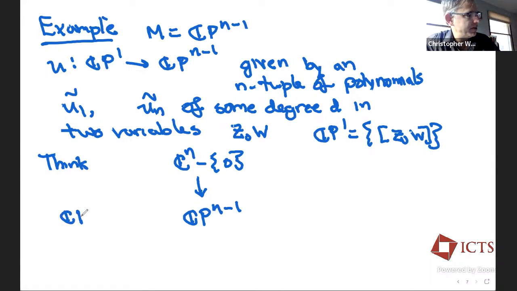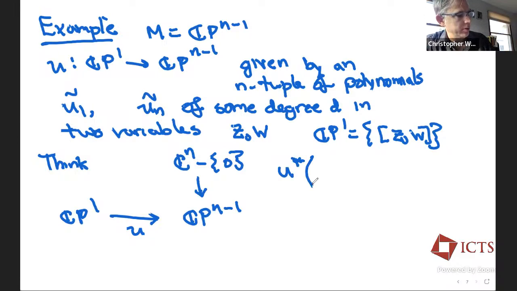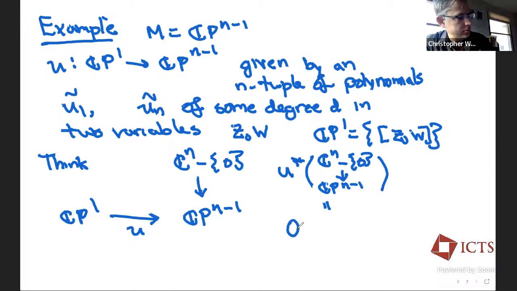And now I have this map from CP1 to CPN minus 1. So I can pull back the bundle. This is a C star bundle. And this has to be O of minus D for some integer D.